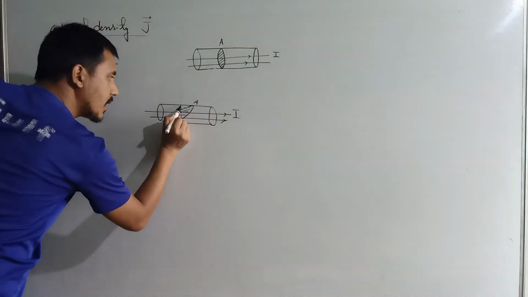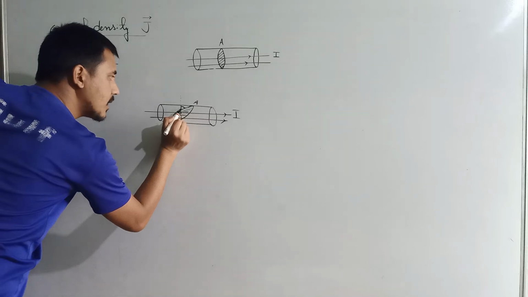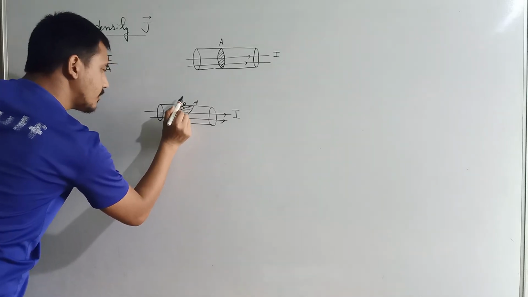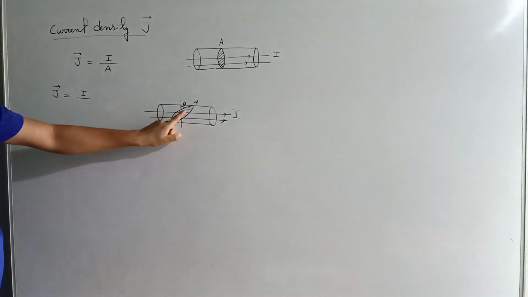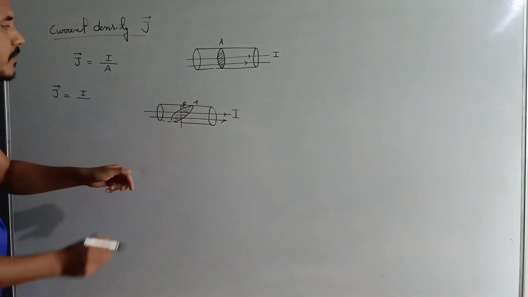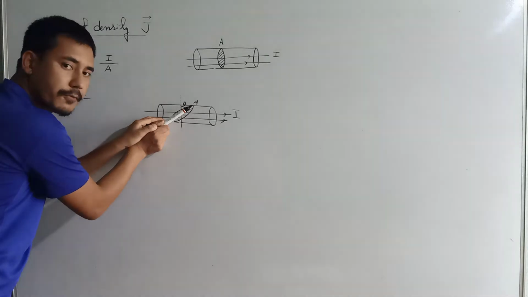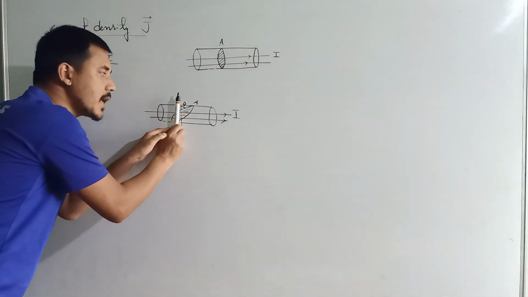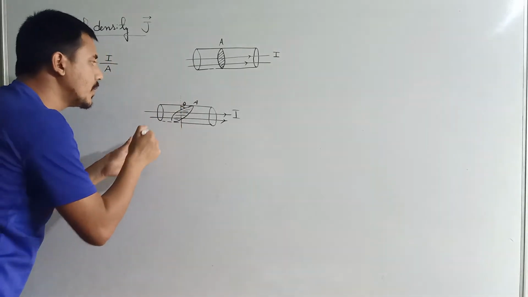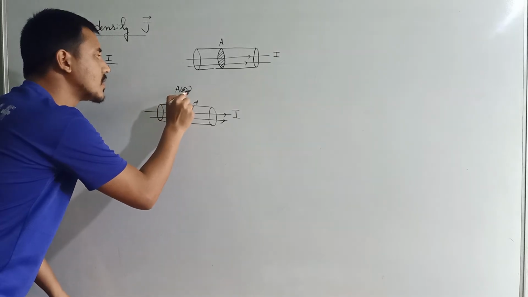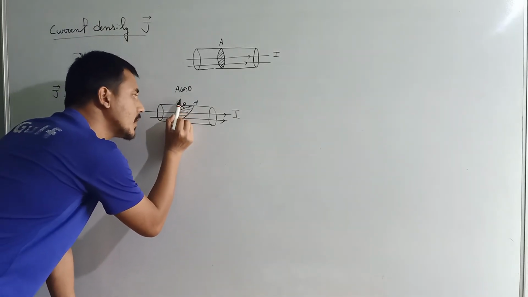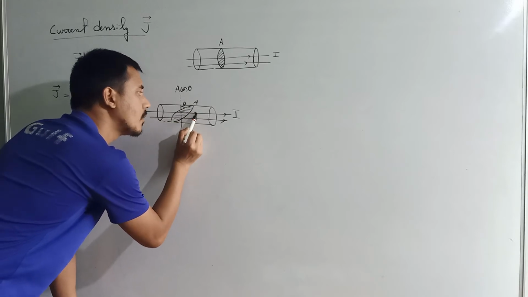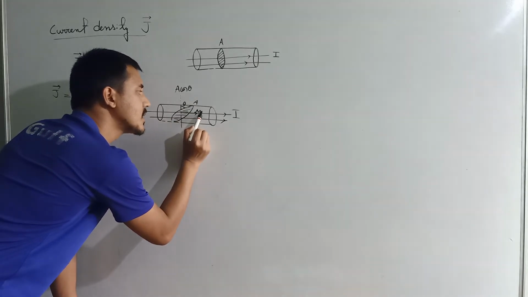Suppose your area A makes an angle theta with this line. Then the component of A along this line will be A cos theta, and the component of A perpendicular to it will be A sin theta.